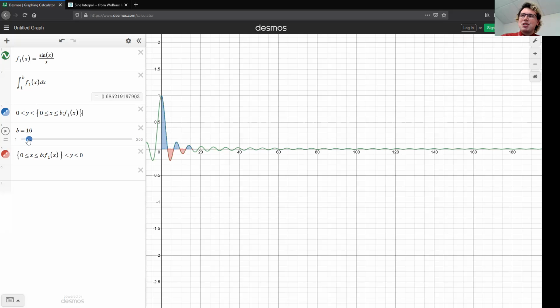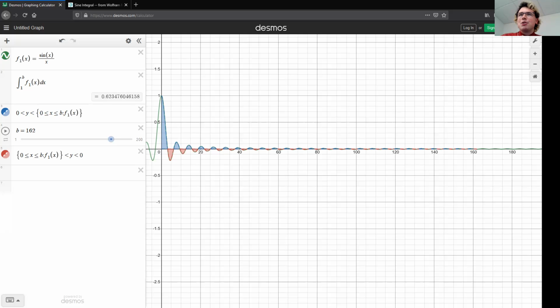And I have a blue area which adds a little bit more again. And I have a red area which subtracts a little bit less again. So the value of this function is swinging up and down depending on if I'm in a red region or a blue region. But the amount it swings by is shrinking every single time. So the farther I go out, the less and less this is moving around.